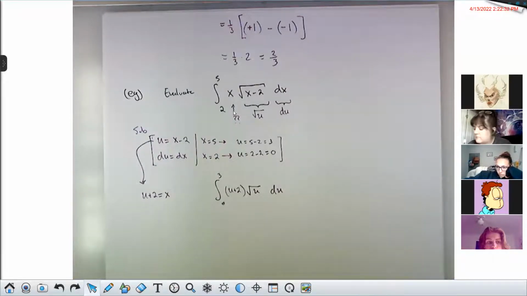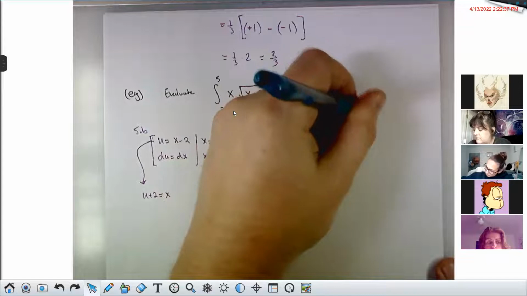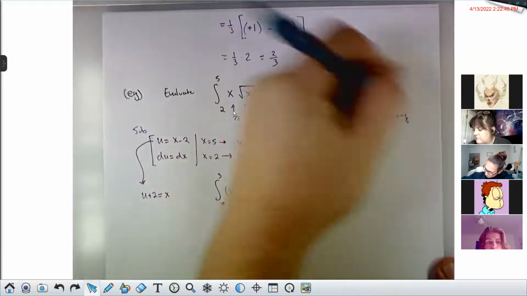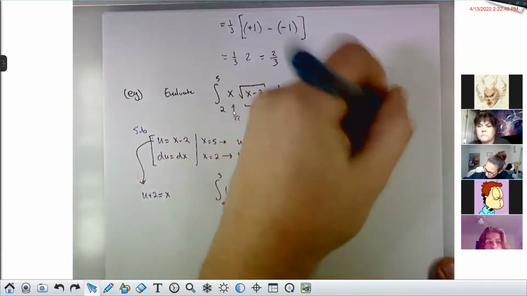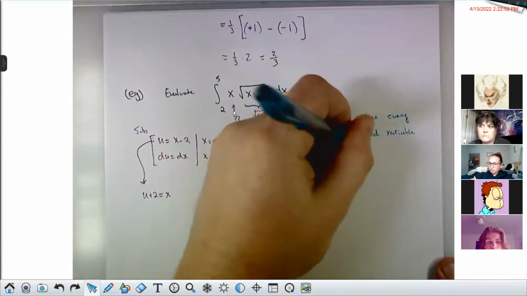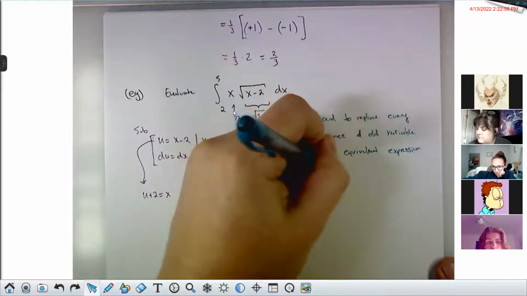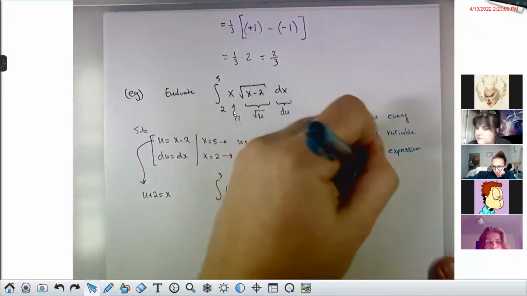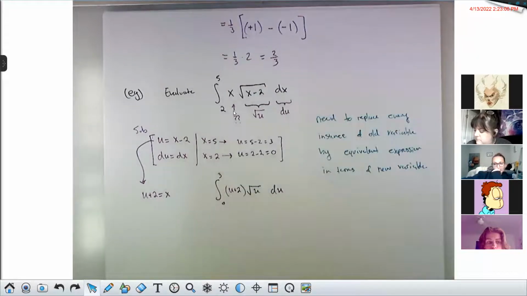So we know that we need to replace every instance of the old variable by the equivalent expression in terms of the new variable. In other words, we've got to replace all the x stuff by its equivalent form in terms of u stuff.